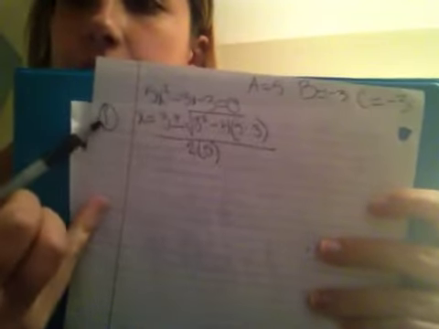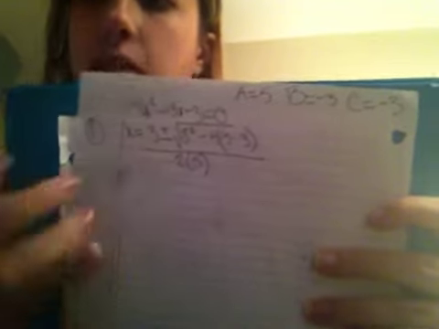So it's going to be 2 times 5, alright? This is how you're going to set up your first step. This is step 1. This is how your equation should look, alright?